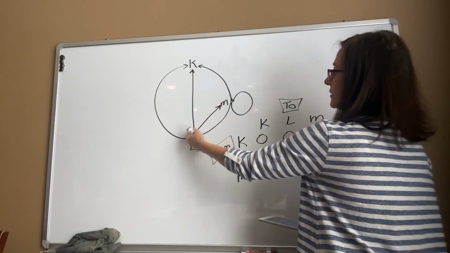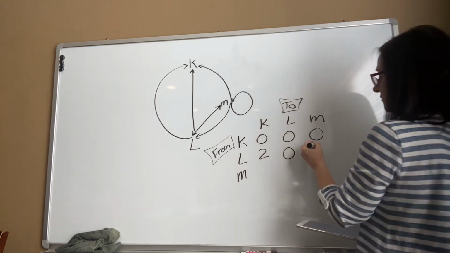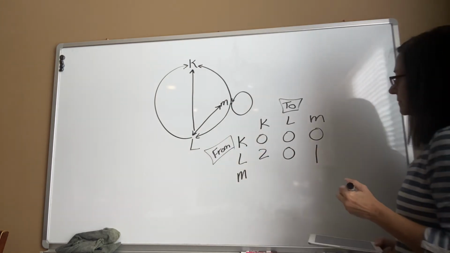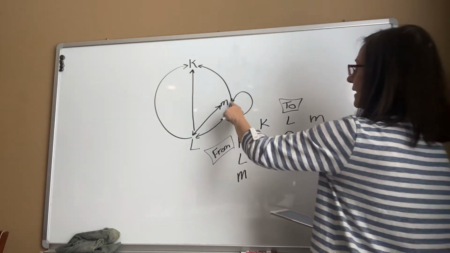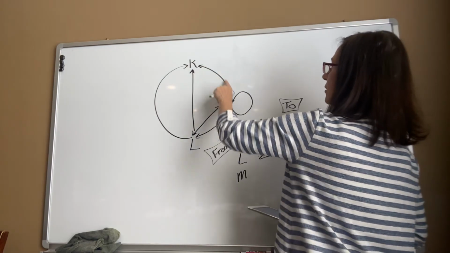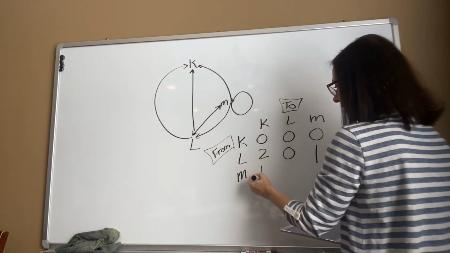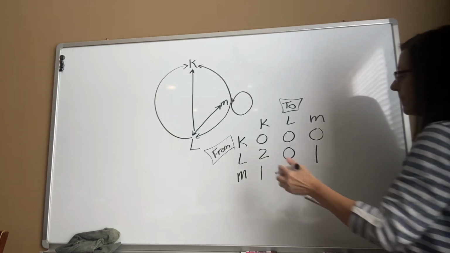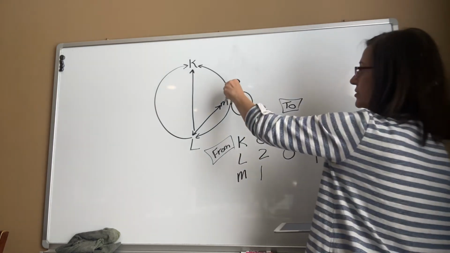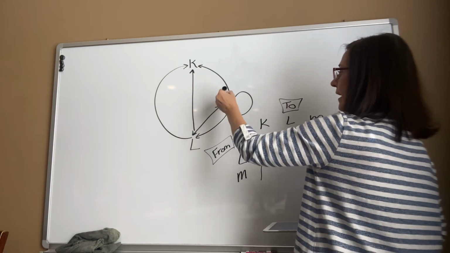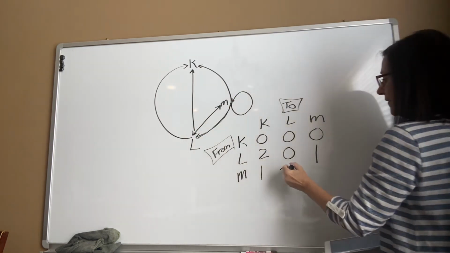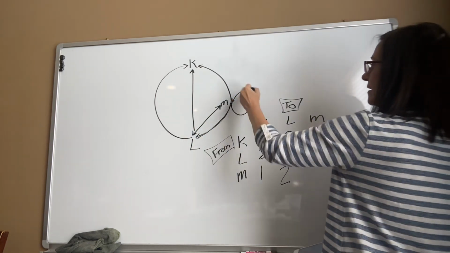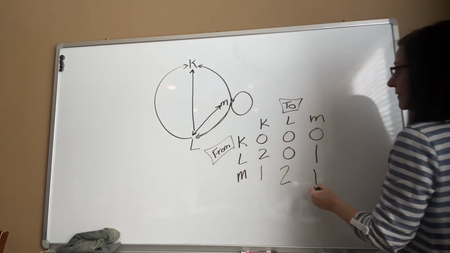There's just 1 path from L to M. All right, what about M to K? There's only 1 path from M to K. Only 1. What about M to L? Remember we said there are 2 paths. M goes to L here and M goes to L there. And M to M, there's 1 path.